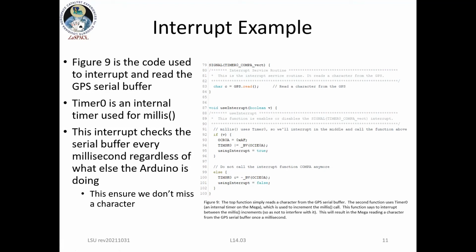So that individual character gets dropped, but GPS.read copies that character to the NMEA sentence that we're building. And in particular, timer 0 is the timer that generates the ticks for millis. So if you use millis for timing, every millisecond, millis will increment by 1.